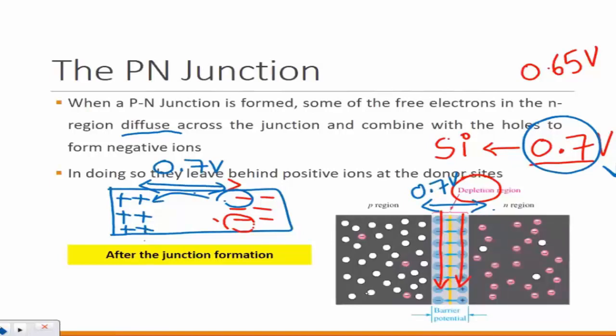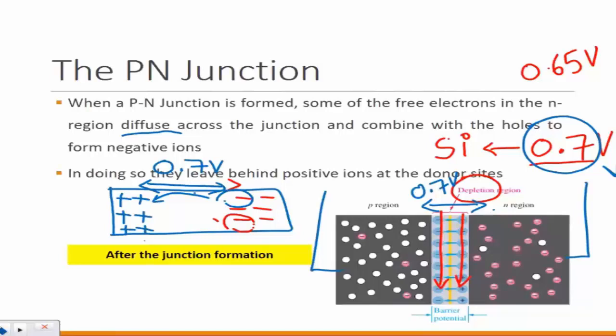So if you're testing the voltage from here to here, you will read that 0.7 volts. You're actually reading across the barrier. Obviously, when you have a device that is already integrated, you're not going to break it down to the barrier. You're not going to see the barrier visually inside.